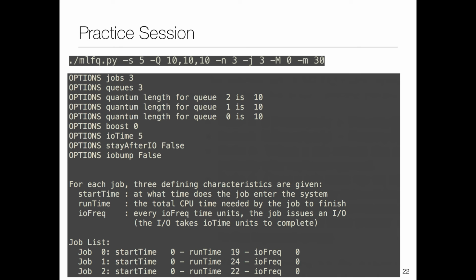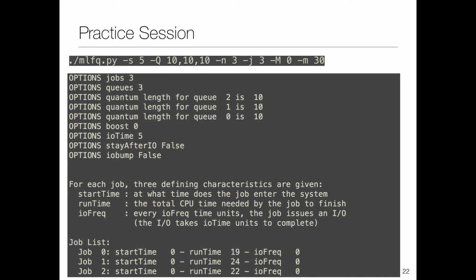So at time t0, just as a matter of convention, process J0 will execute before J1, before J2. The time quantum is 10. So at time t equal to 10, we have process J0 executing. Because it's executed for 10 units, we have 9 units left, and 24 and 22. Now J1 and J2 also continue in round robin fashion.